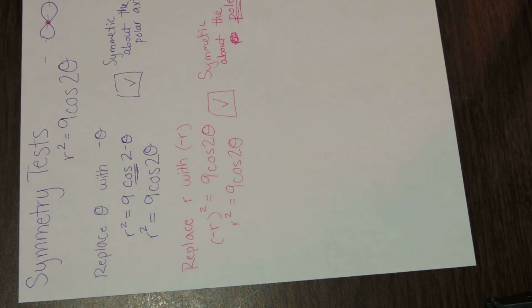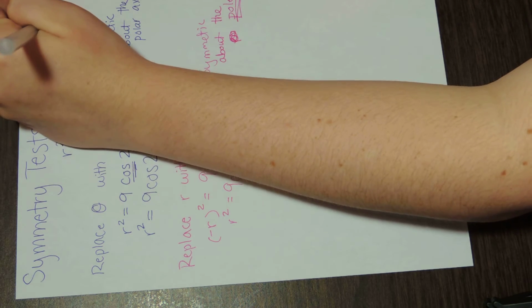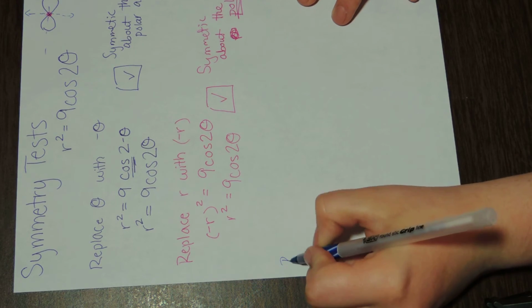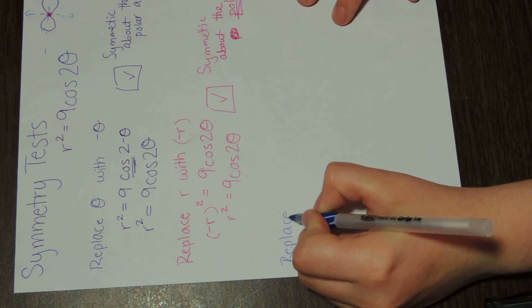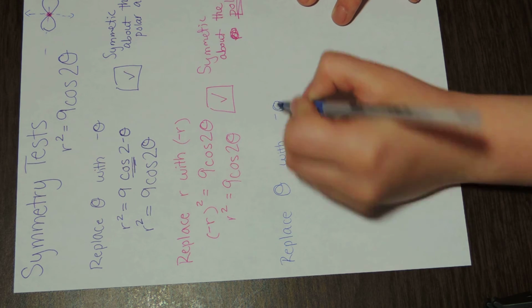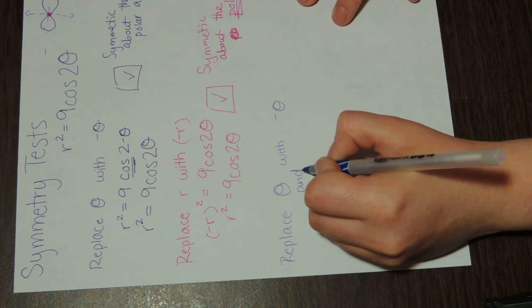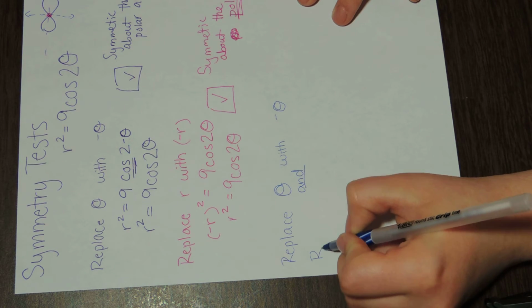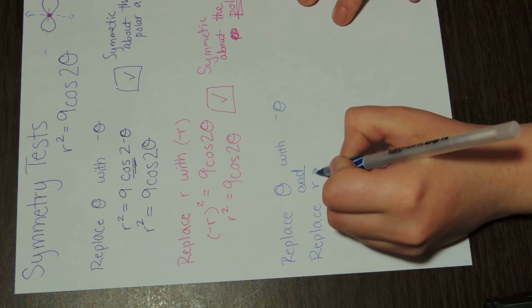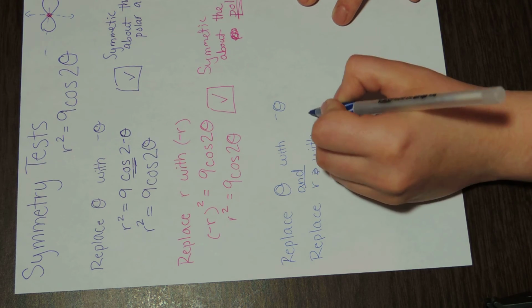Now, what about if we wanted to know if it was symmetric about pi over 2? Pi over 2 is going to be that vertical line. So we are going to replace theta with negative theta, and we are going to replace r with negative r.